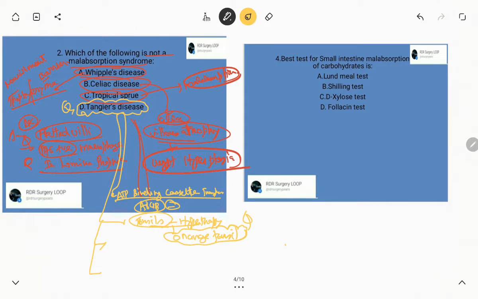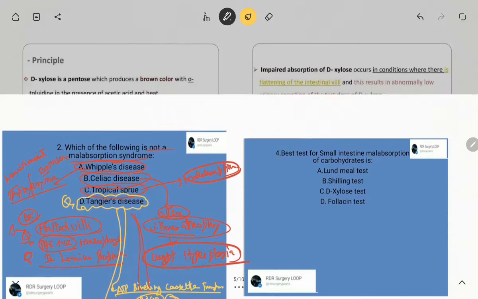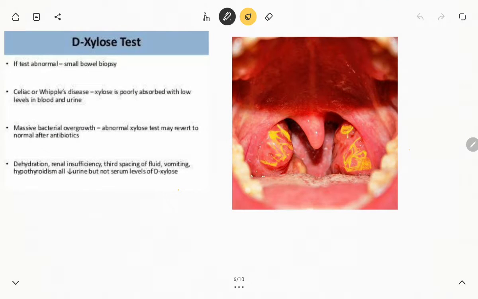The other two differentiating features of Tangier I want you to remember are increased incidence of premature coronary artery disease and increased risk of stroke. This is a picture showing you the orange tonsils, to help you remember the points in Tangier disease.